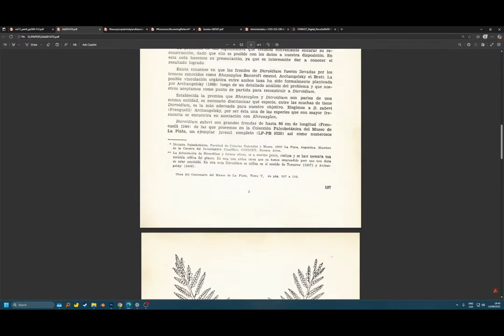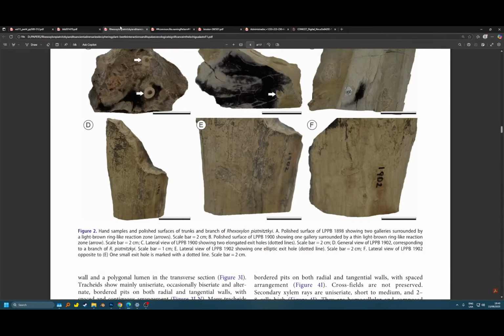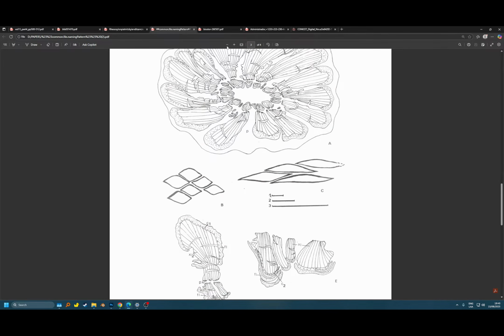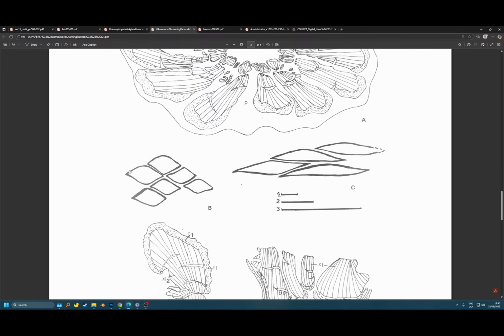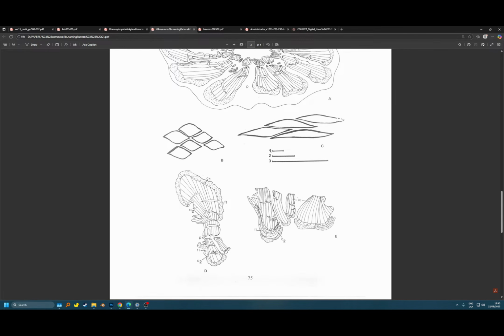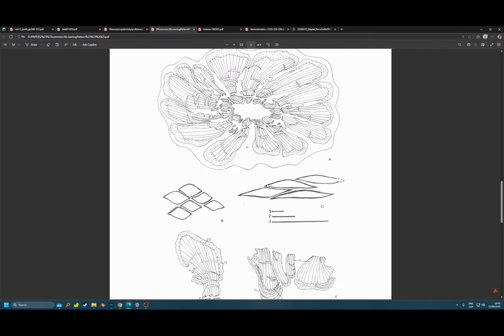Rexoxylon. So this plant has a scaly, rhomboidal pattern of scars around certain stems, certain younger stems. Not necessarily the big tree.